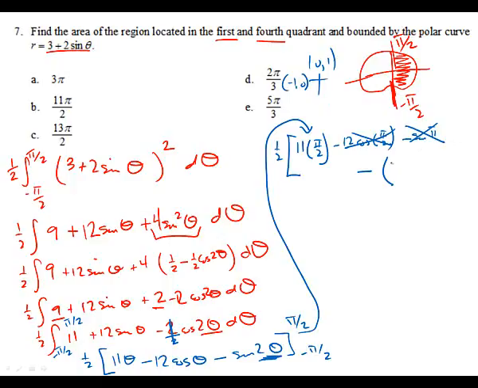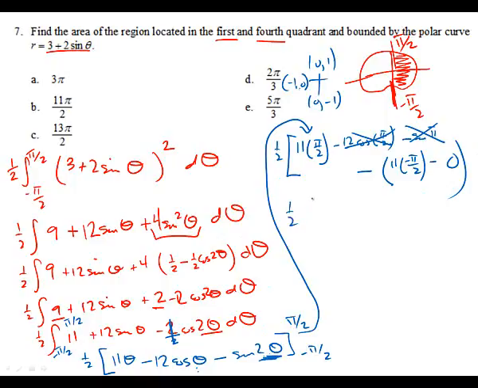Minus, parentheses, the 11 times negative pi over 2. It's similar to that other problem that we did. Minus... what's going to happen with both of these again? They're going to zero out, right? One of them's going to be down here, and one of them's going to come back there, so I'm going to get 0 off of both of those.